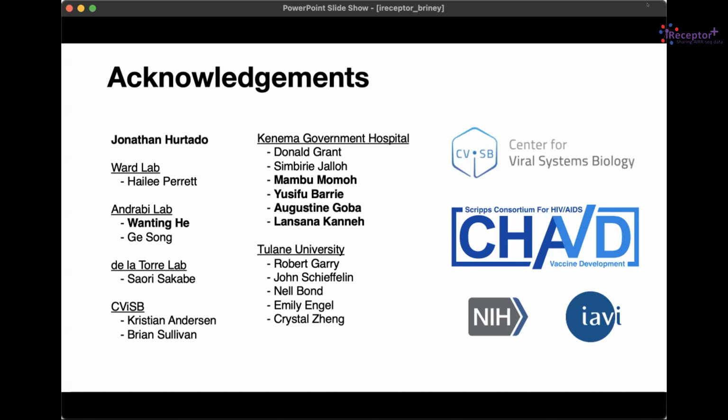So we haven't done bulk sequencing on these subjects because we've essentially been grabbing all the cells and using them for antigen-specific work. But that's on our to-do list: to generate some bulk sequencing data and use any of the repertoire or allele inference tools that are out there to build a reference database.